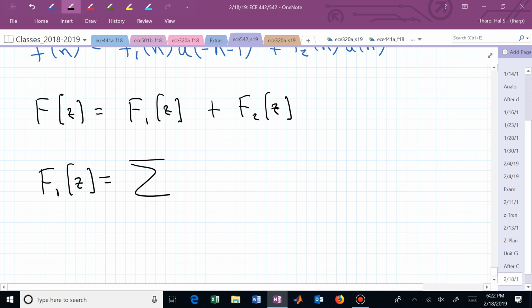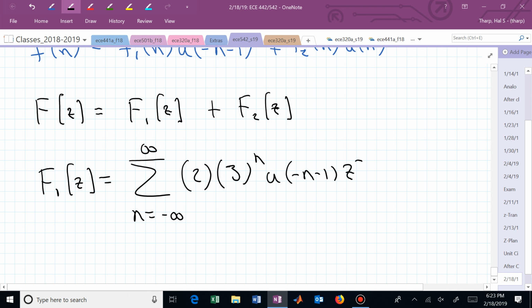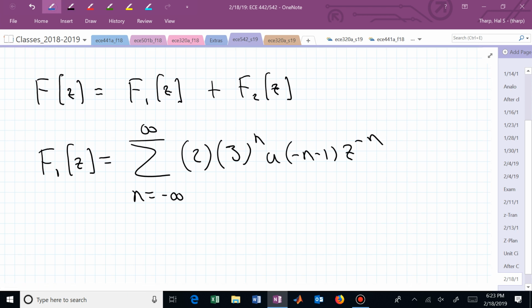The Z transform of little f sub 1 of n. That's this sum from n equal minus infinity to infinity of 2 times 3 to the n z to the minus n, whoops, let me go ahead and put the switch in there to allow me to figure out what my limits on my sum are going to be.